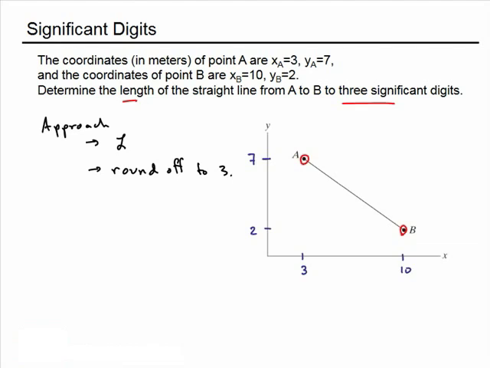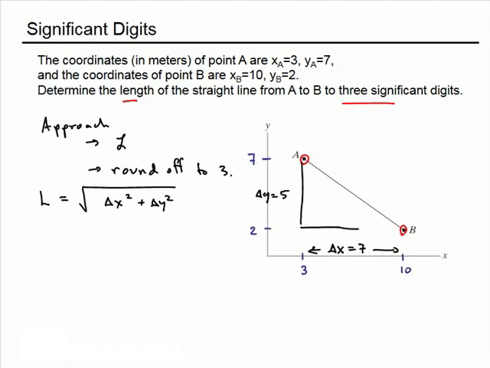So let's go ahead and do the calculations. We find that the equation for the length of the line will be the square root of the change in the x squared plus the change in the y squared. We find that the change in the x between 3 and 10 is 7, and that the change in the y is 5.